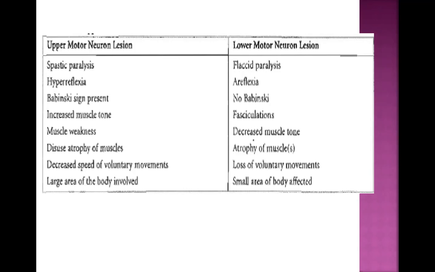There is decreased speed of voluntary movement in UMN because that is a function of the corticospinal tract, whereas in LMN there is no movement at all. And in UMN, a large area of the body is involved, whereas in LMN, a small area of the body is affected because probably one or two lower motor neurons may be affected.